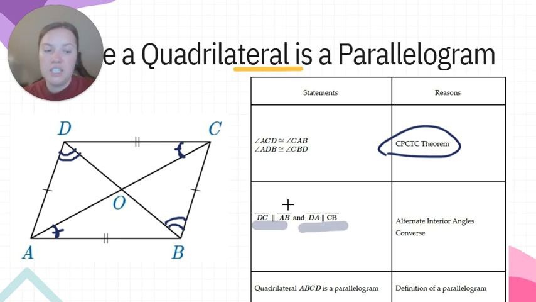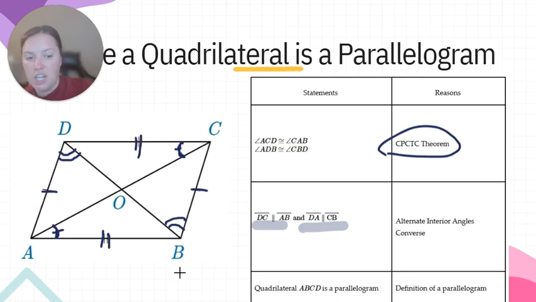If alternate interior angles are congruent and we have transversals, then we have parallel lines. So this transversal here shows that we have parallel lines, and this transversal here shows that we have parallel lines here.